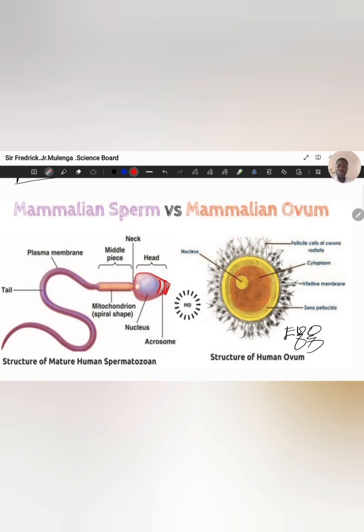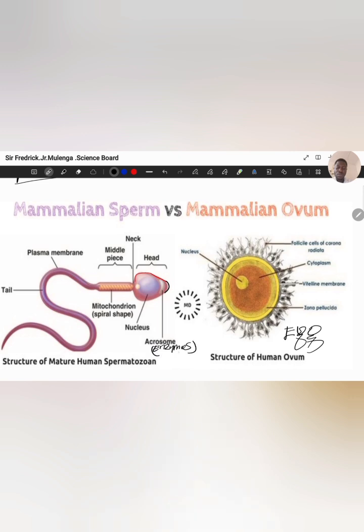So the acrosome is actually a sharp edge of a male gamete, and this actually contains some enzymes. There are some enzymes that are found in the acrosome.